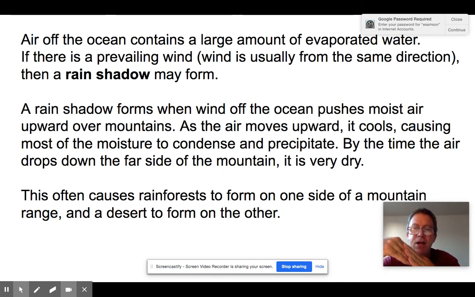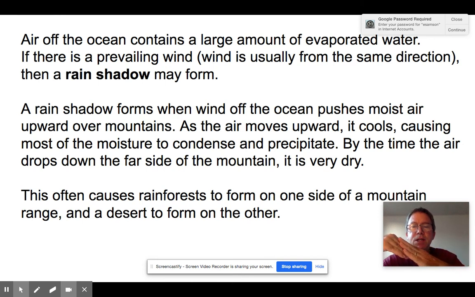And remember, as air moves up mountains, adiabatic cooling is going to cool it about 7 degrees Celsius per kilometer of height. Well, turns out many mountains are such that not only does the air just hit it, it tends to hit it and move up like this, right? And so as it moves up, it often cools enough to cause clouds and precipitation to form on the side where the wind is hitting.